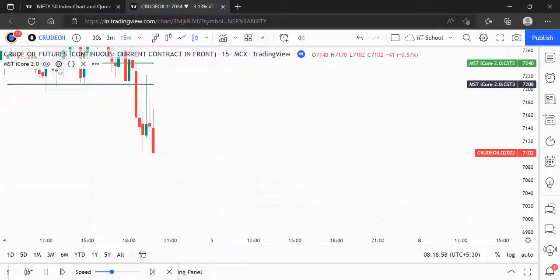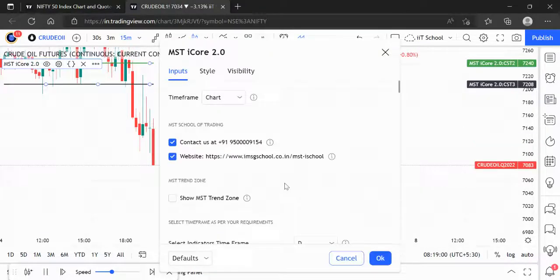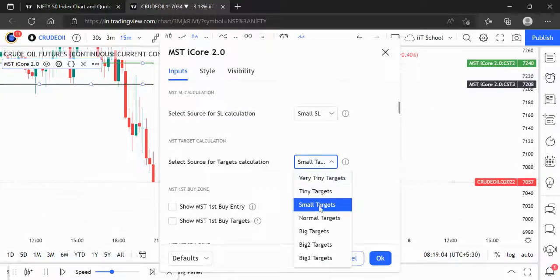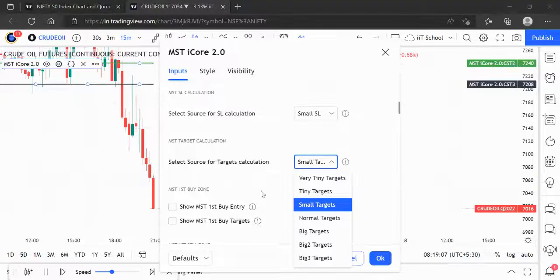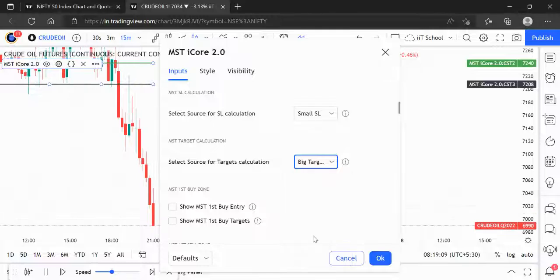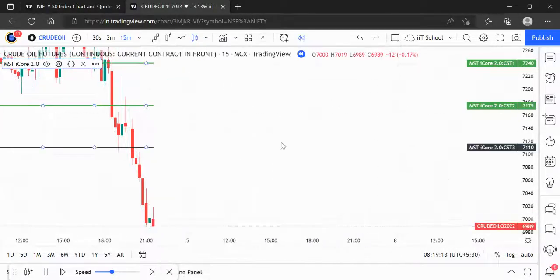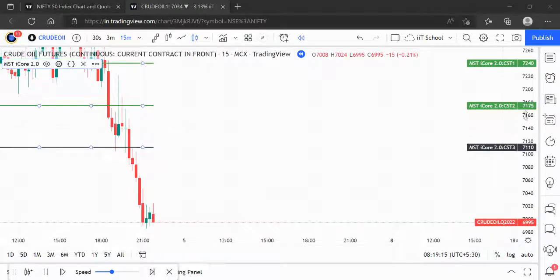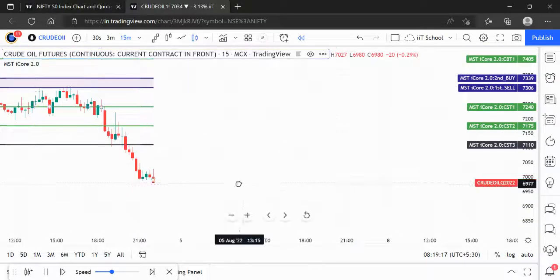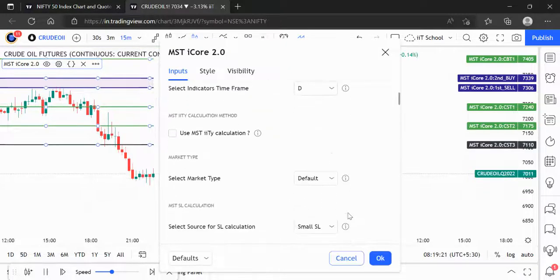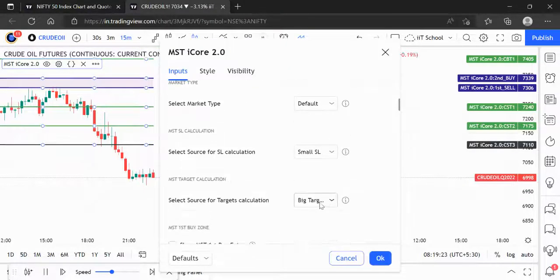To know the extra targets, we have given the option to increase the target size, like here, you can increase the target size, like big targets. So all the big targets are also achieved, or you can increase to big two targets.